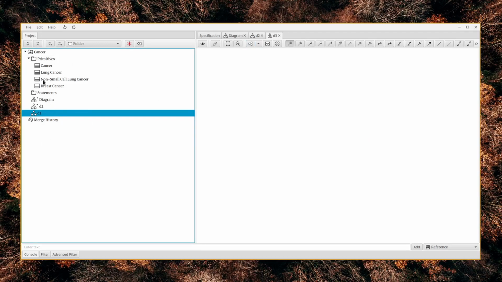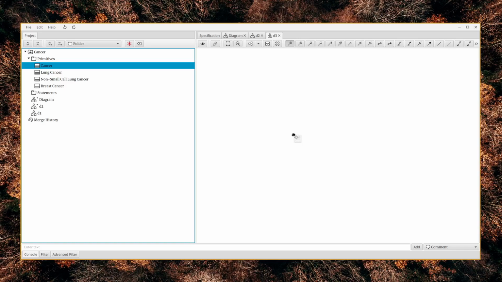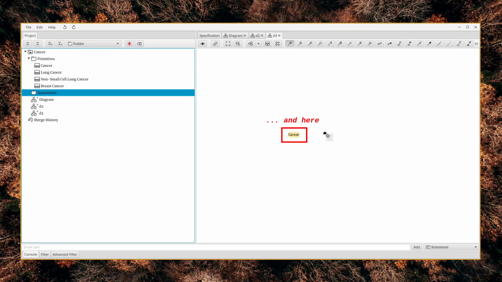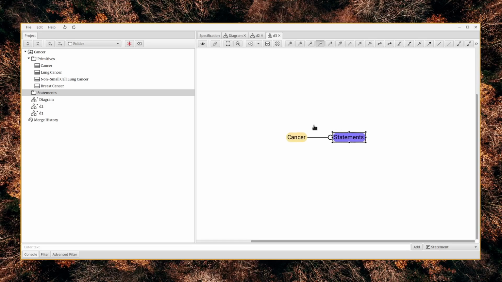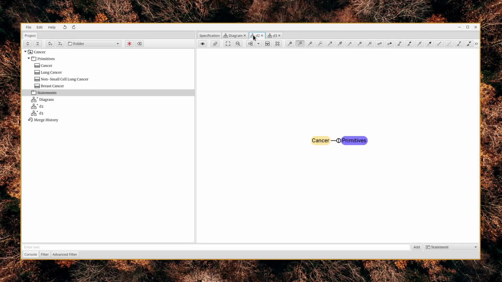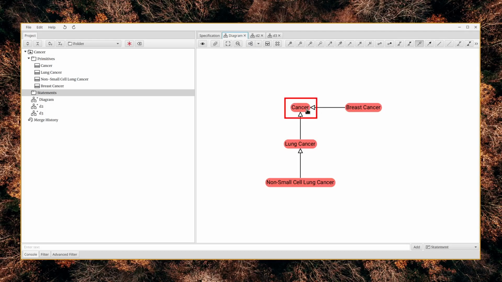In other words, I can have many diagrams and use the same component. This allows a single component to have many relations to other components through single or multiple diagrams.